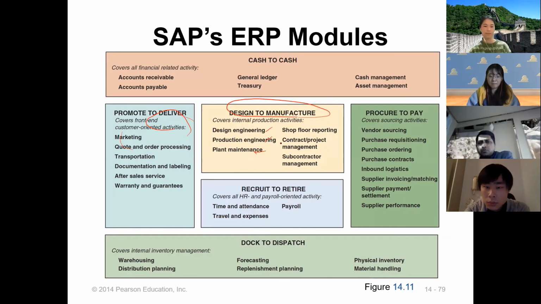Maintenance has spare parts, spare parts have inventory, for spare parts and also replacement items. When we started, we talked about MRP, material requirements planning, but at the end of the day it can go big until ERP, enterprise resource planning.